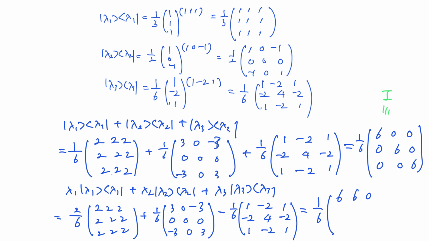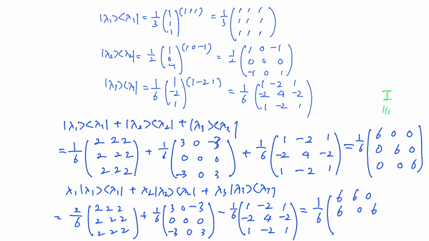Again, this is 4, right? 4 plus 2 is 6. The second term: 4 minus 4 is 0. 4 plus 2 is 6. So 6, 0, 6.